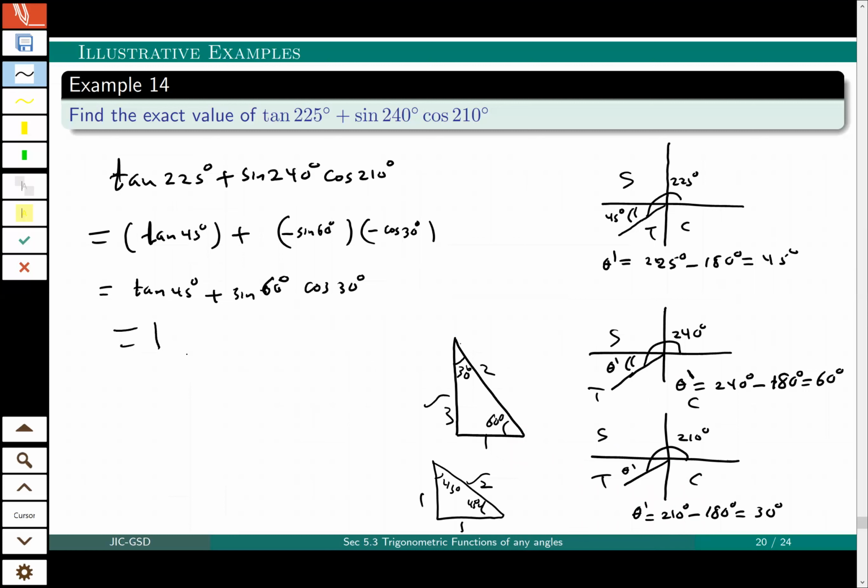Tan is 1. Sine 60 is root 3 over 2. Cosine 30 is again root 3 over 2. So I will get 1 plus 3 over 4. So over 4, it will be 4 over 4 plus 3 over 4 is 7 over 4.